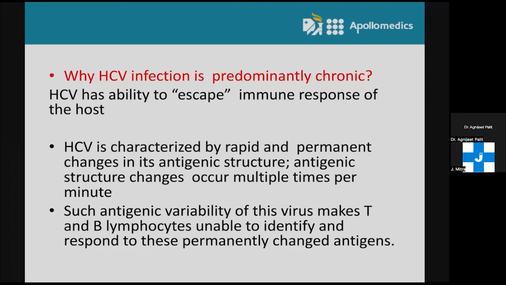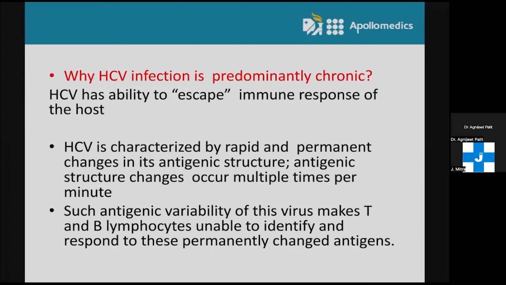The problem with this mutation is that due to this rapid and permanent change in its antigenic structure, there are several quasi-species within a single patient. That is why it is very difficult for the host immune system to mount an effective immune response and eradicate the infection. That is why hepatitis C virus infection tends to be persistent, tends to be chronic.